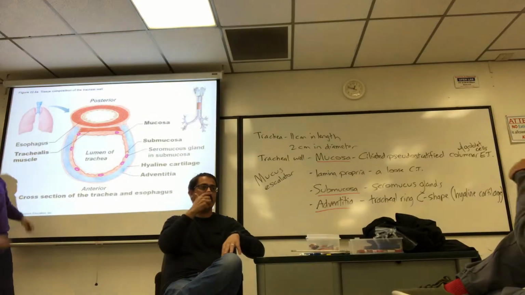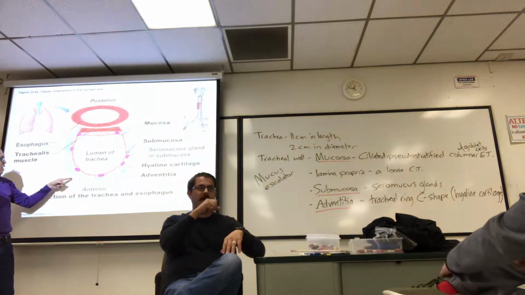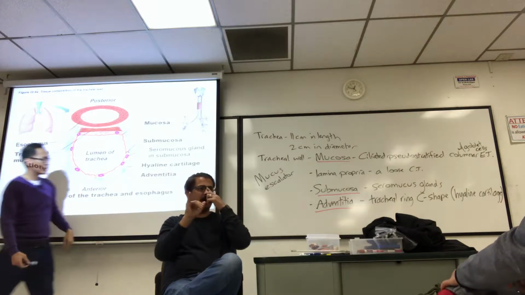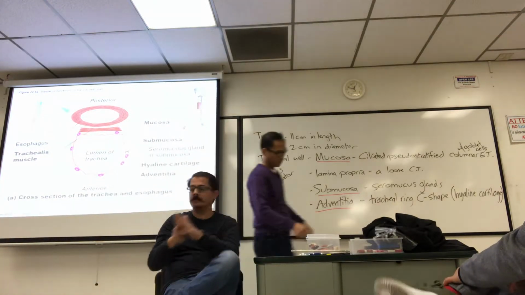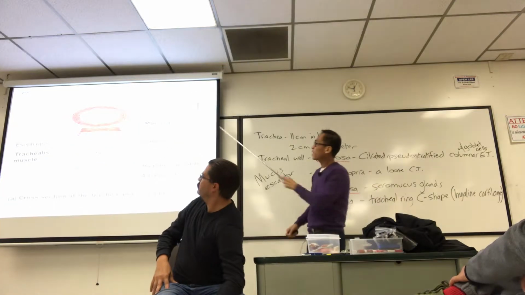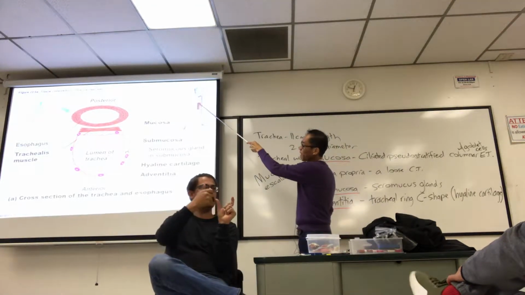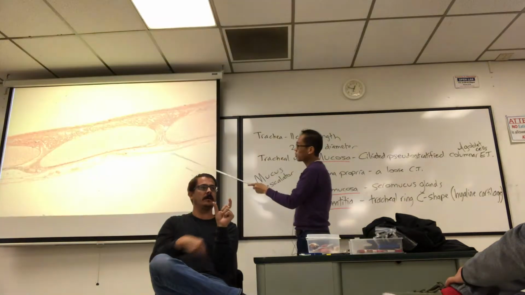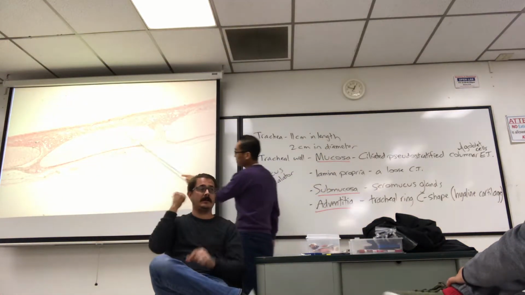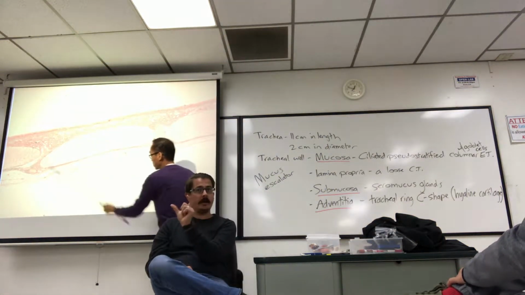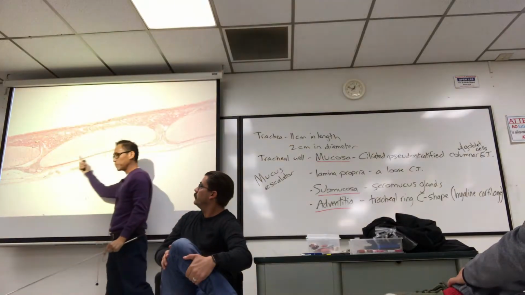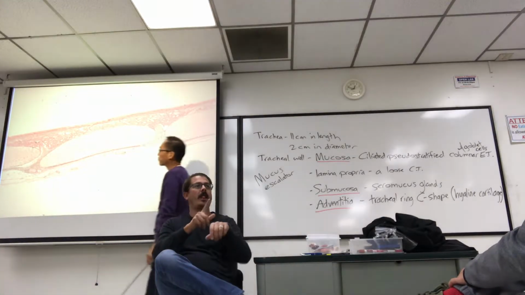And so when you look at the slides, you're cutting each ring from top to bottom. So when you look at it, this is a ring, that's a ring, that's a ring. Just cutting down longitudinally down the tube.